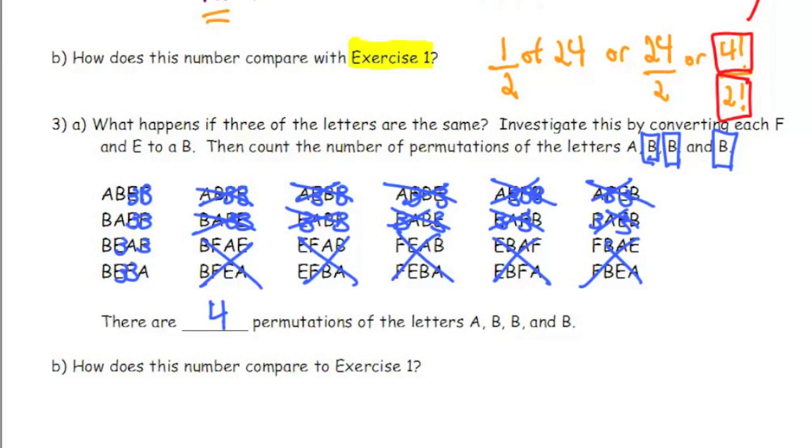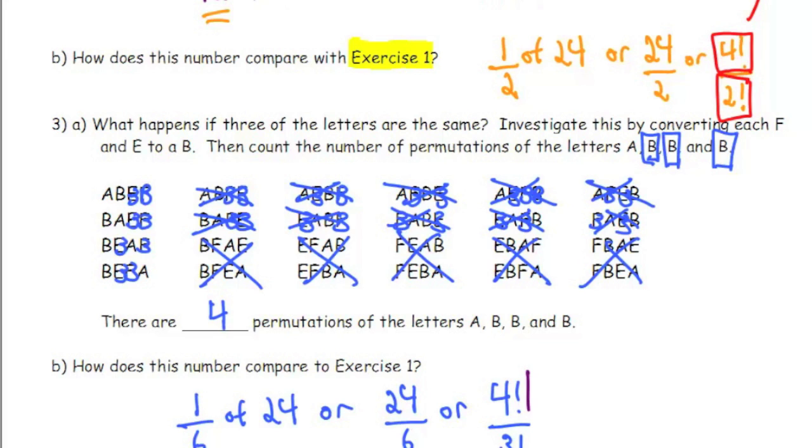Well, let's compare that now to exercise 1 again. We started with 24, we ended up with 4, which means we actually ended up with 1/6 of 24. Or if you wish, we could write it as 24 over 6. Or if we write it in factorial notation, that's 4 factorial over 3 factorial.